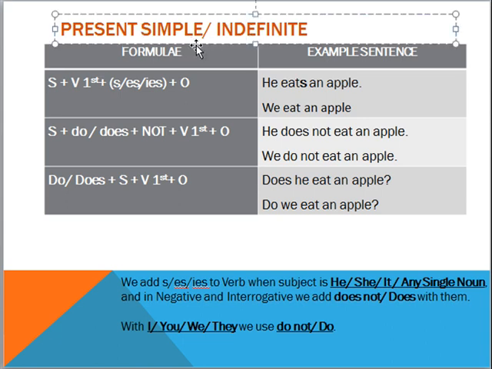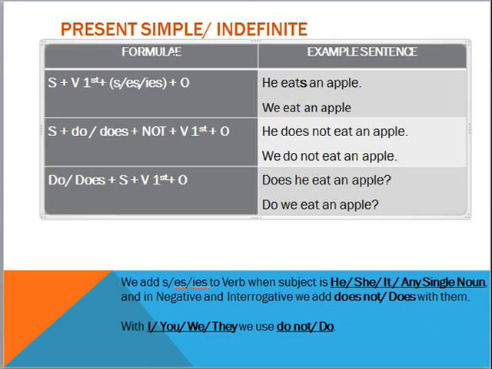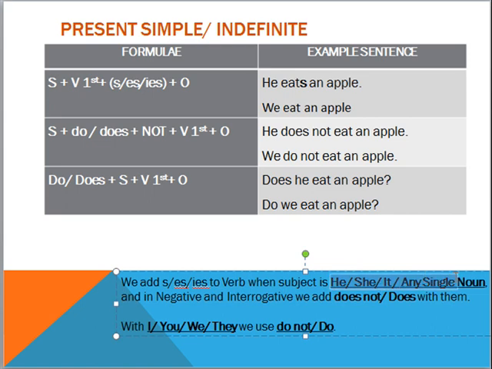Present simple or indefinite is the second most used tense. First of all, we have the formula: subject, verb's first form plus S, ES, IES, and object. What is this S, ES, IES? When we have he, she, it, or any singular noun, we add S, ES, or IES to the verb.